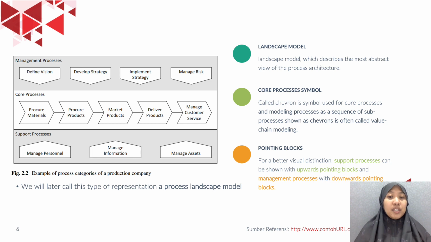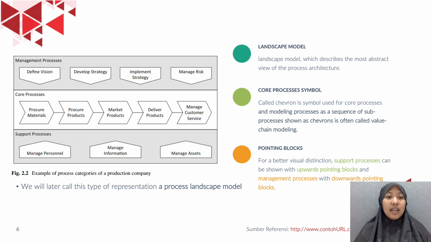If we want to see the connection between the processes, we can see figure 2.2. We call it a process landscape model. This figure shows an example of a production company and a high-level representation of its processes. We call it a process landscape model that describes the most abstract view of the process architecture.